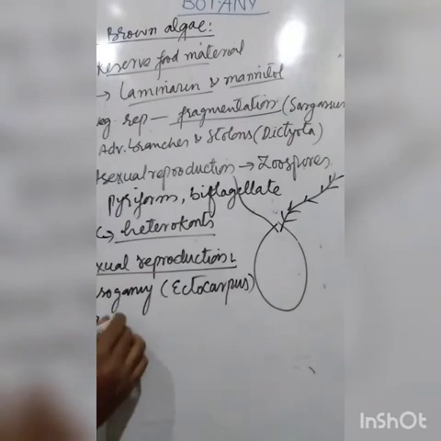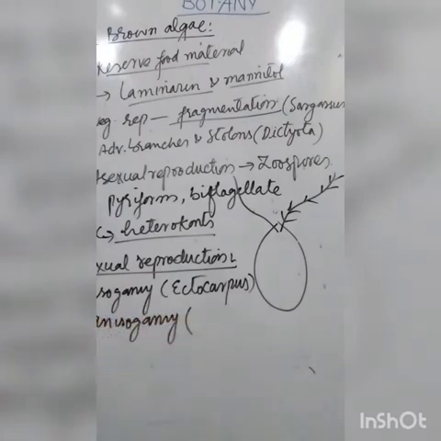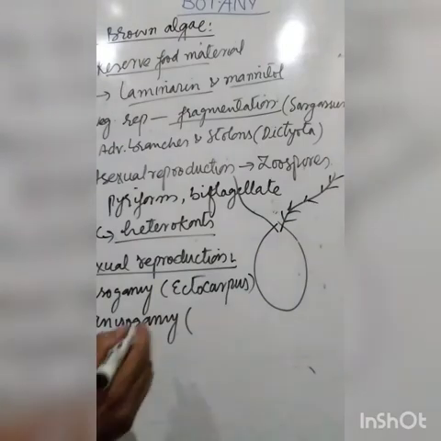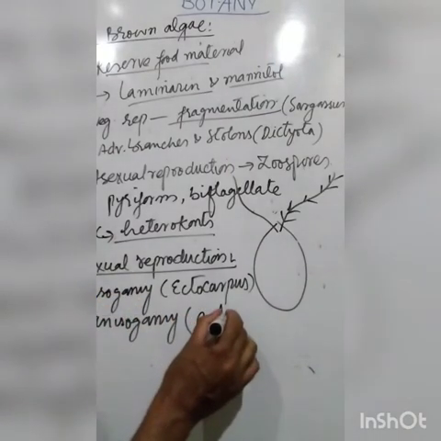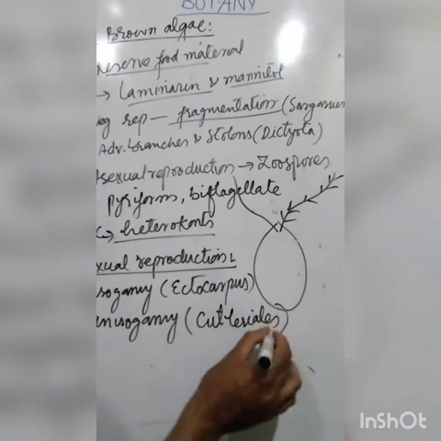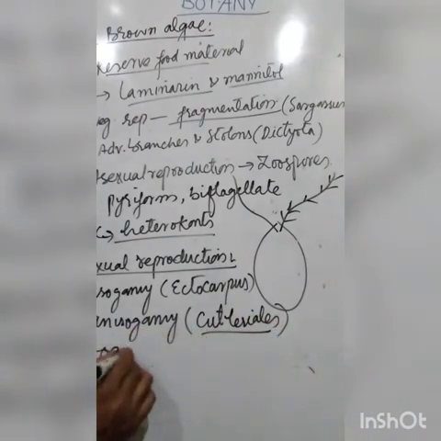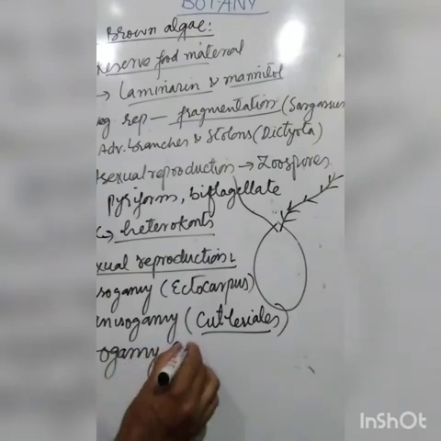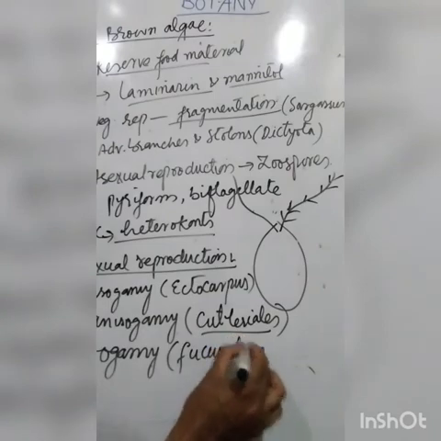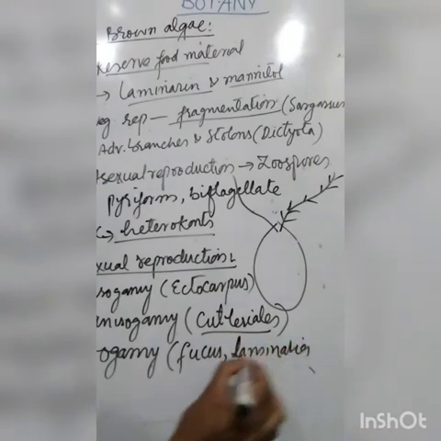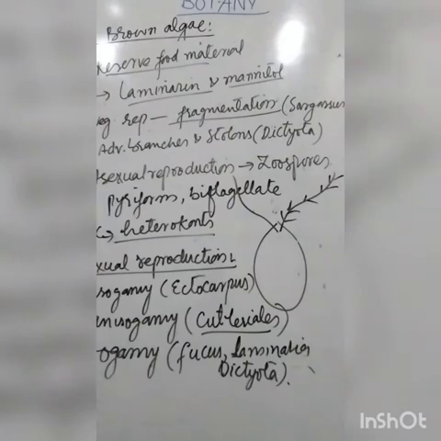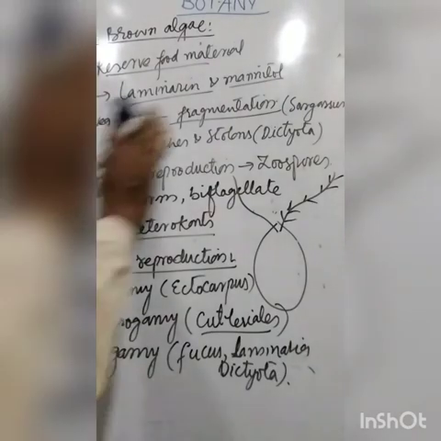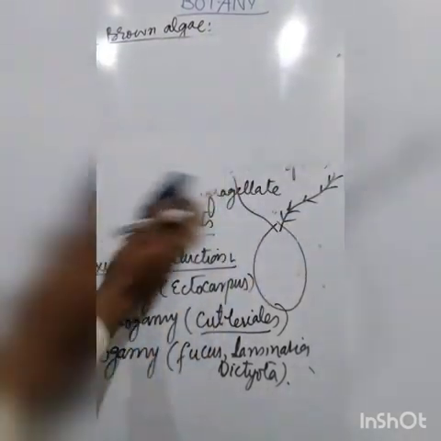There is anisogamy in Cutleriales, that is a group where it occurs. And there is mostly oogamy. Oogamy occurs in Fucus, in Laminaria, and in Dictyota. And fertilization is external. Fertilization occurs outside the body of the algae, that is external.